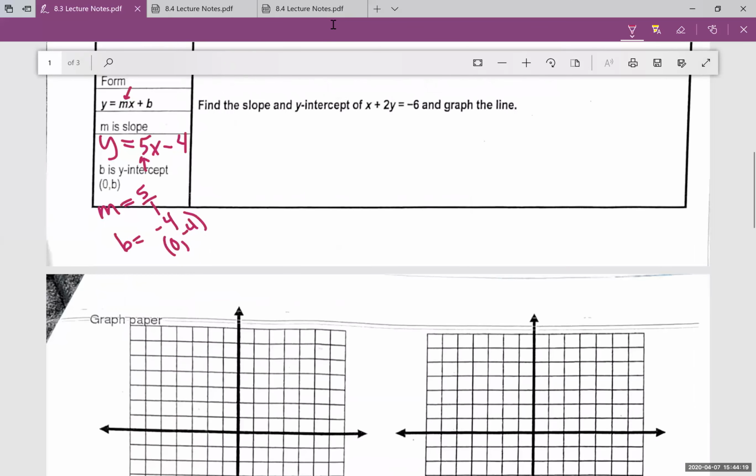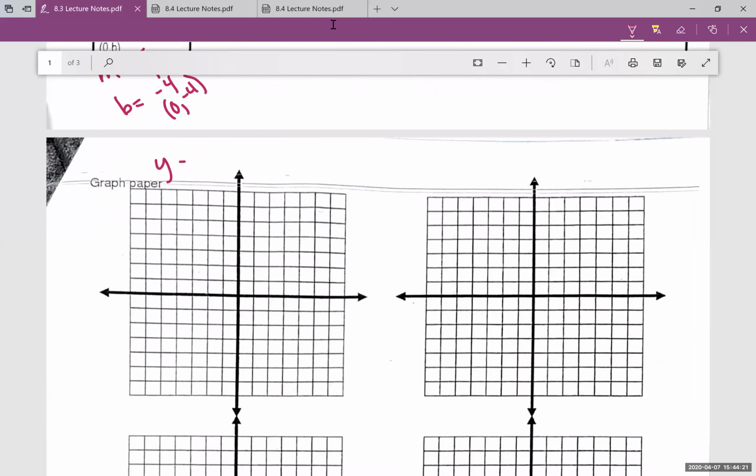Now, y equals 5x minus 4. I just have to show you this. We said that (0, negative 4) is the y-intercept. Also, we said that slope was 5, or 5 over 1. Remember, slope is always rise over run.